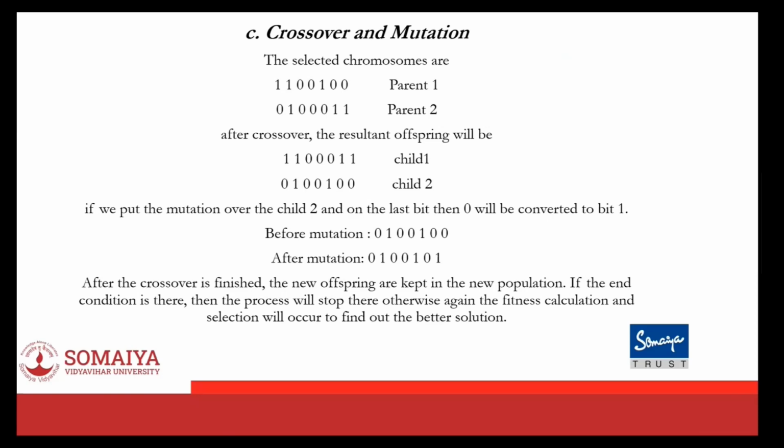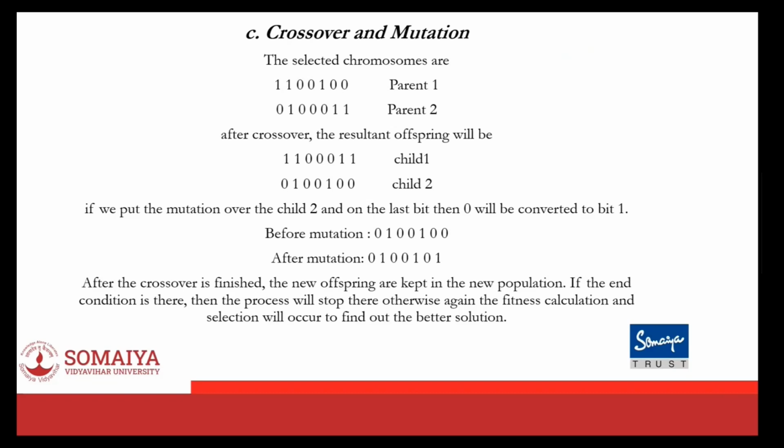Now, for the third step, we come to crossover and mutation. The selected chromosomes are 1100, which is parent 1, and 0100, which is parent 2. After crossover, the resultant offspring will be 1100, child A, and 0100, child B. If we apply mutation on child 2 at the last bit, then 0 will be converted to bit 1.